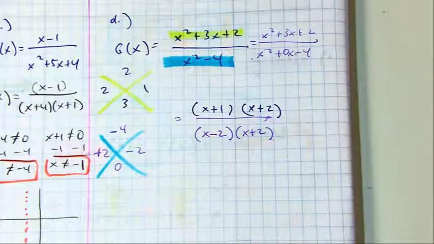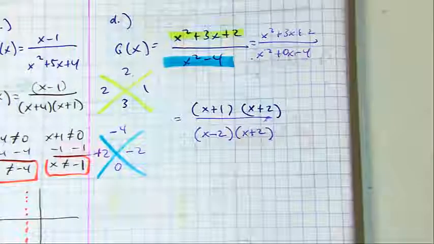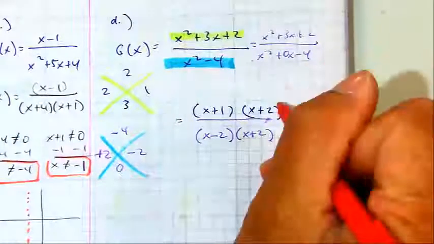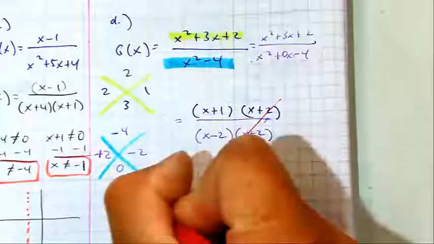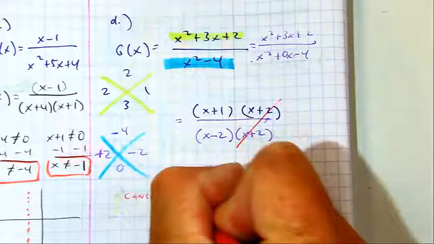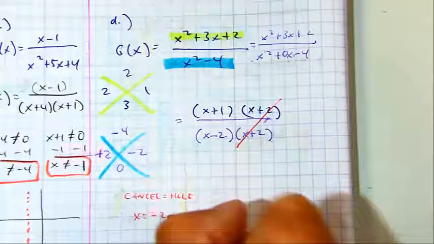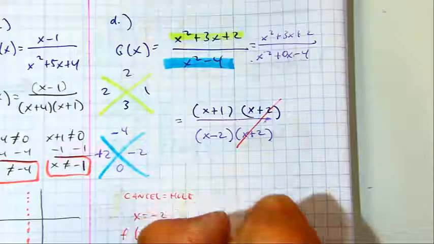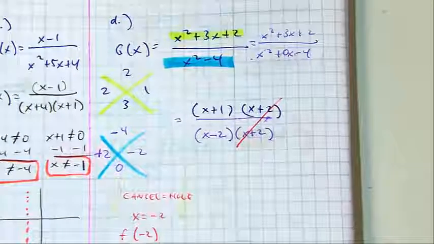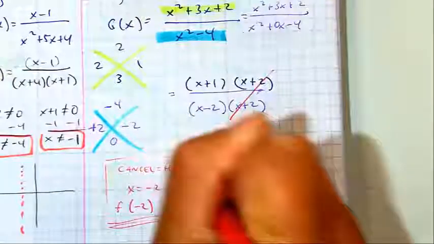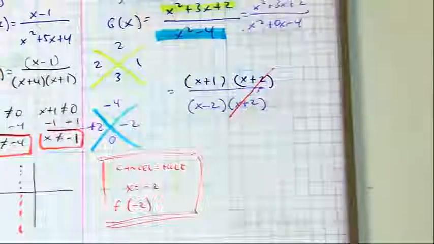Now, class, the reason why I wrote this on this side is because if you cancel, you're going to have a hole at x equals -2, or we saw in function notation this way, right? So remember that. Now, be careful.